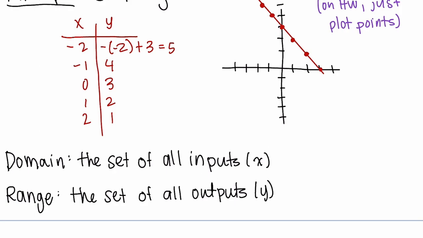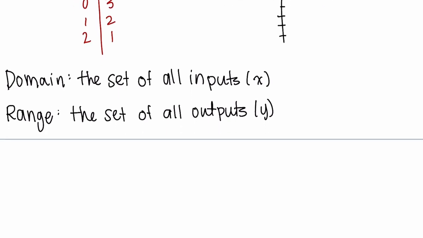Okay, so there are a few different ways we can write the domain and range. If my relation is just a set of ordered pairs, we're just going to list out all of the numbers. If it's more than that, then we're going to have to write it a little bit differently. But for this, we're going to start simple and work our way up. So let's state the domain and range.